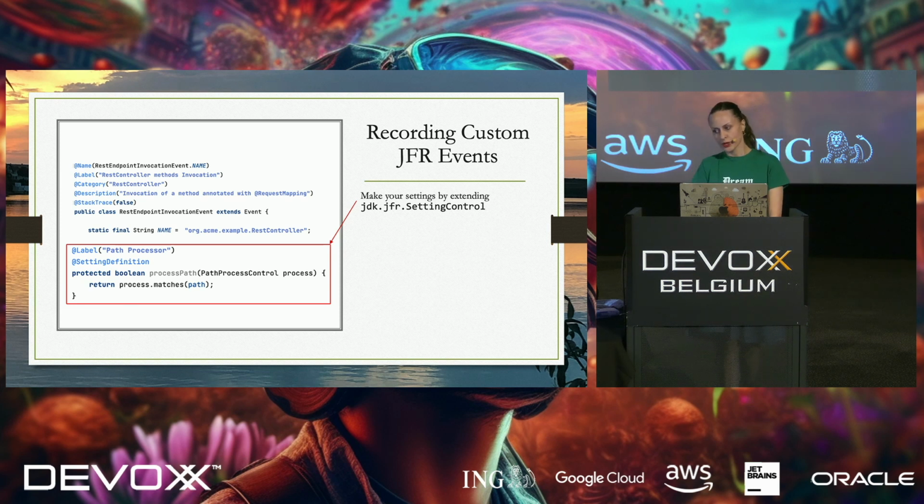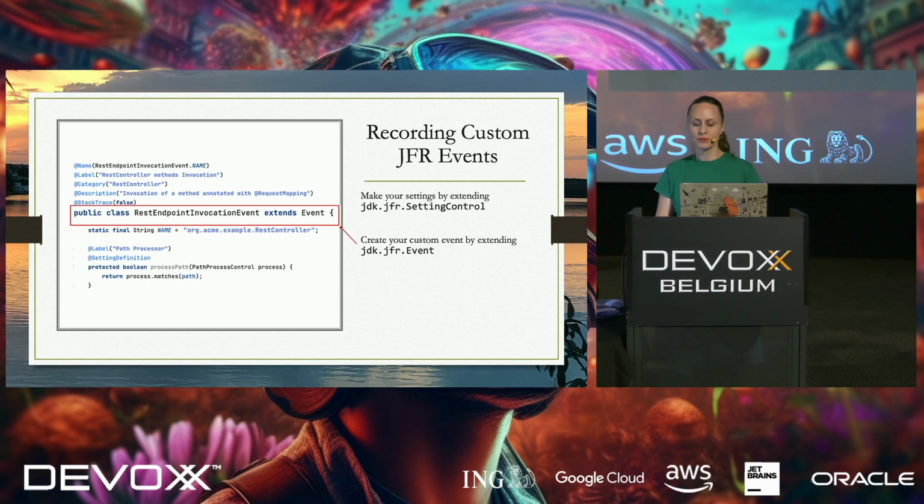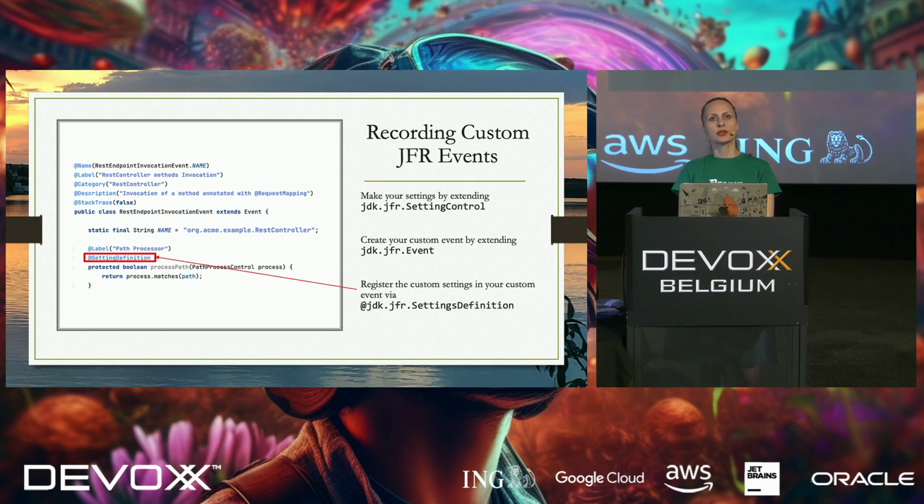Now, for this one, you need to do a few steps. You also have a custom event in the repo, by the way. You can make your own settings for that event by extending the JDK JFR SettingControl. You can create, of course, your own custom event by extending the JFR Event. And you can register those custom settings in your own custom event, the other settings definition.